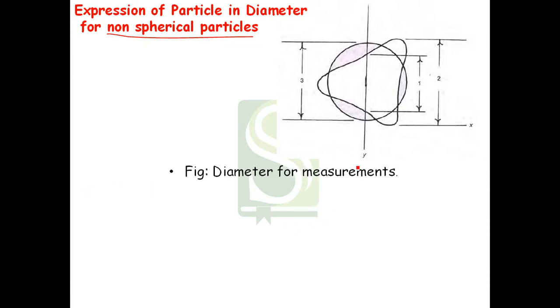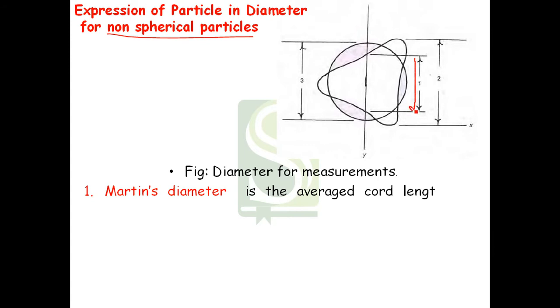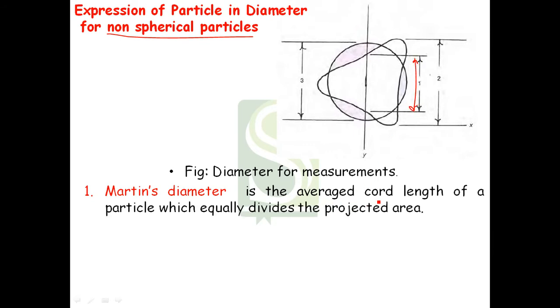So this figure represents the diameters for measurement. The first is the Martin's diameter. If you see this, it is the Martin's diameter. Now let us see how it is defined. It is the averaged chord length of a particle which equally divides the projected area.